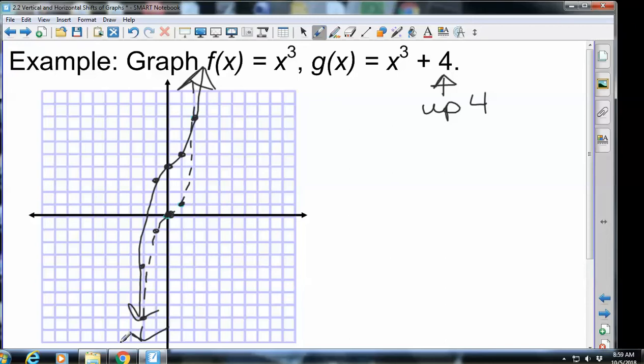Any questions on that? What would the domain and range be of that final graph? Negative infinity, positive infinity.